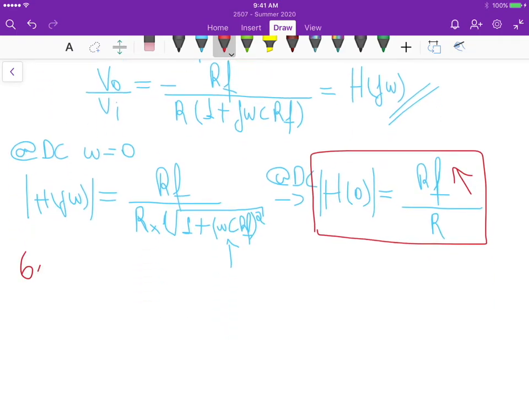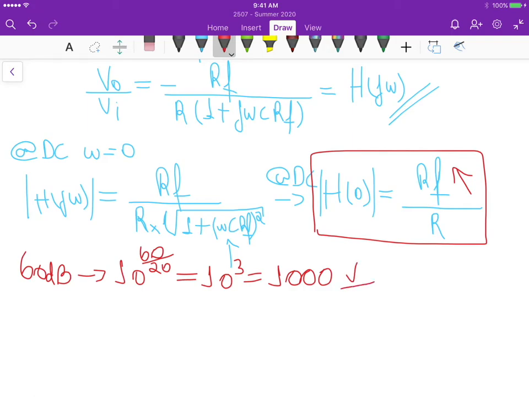So 60 dB, if you want to convert to linear, is just 10 to the power of 60 divided by 20, which is 10 to the 3, which is equal to 1000 volt per volt, okay?